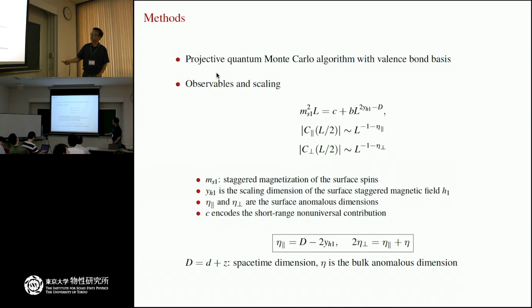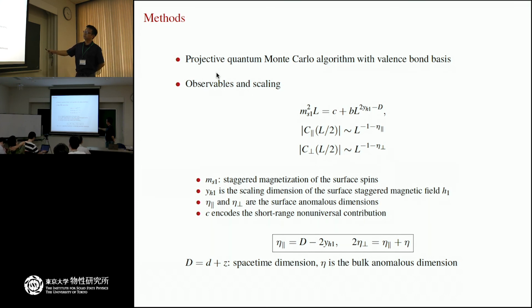This D is the space-time dimension, the space dimension plus z. z is 1, so capital D is actually 3. We also measure the parallel correlation and perpendicular correlation functions, to find these two anomalous dimensions.